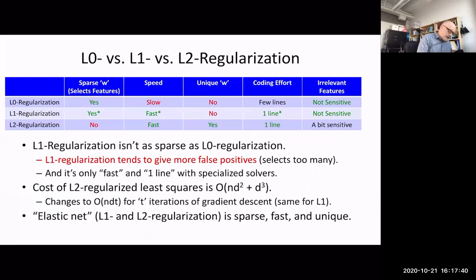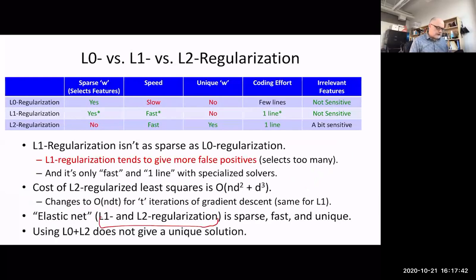Oh, amazing. Great. So that's really the only thing that I want to say on this slide, because again, we have a lot to cover. So it's worth noting, I will say this, L1 regularization isn't quite as sparse as L2 regularization. It tends to give rise to a few false positives. In other words, it over selects features.